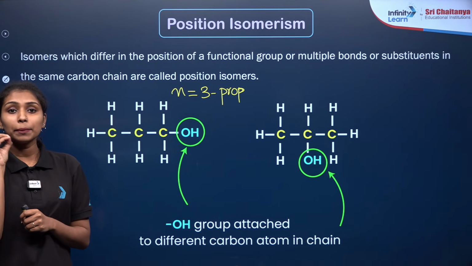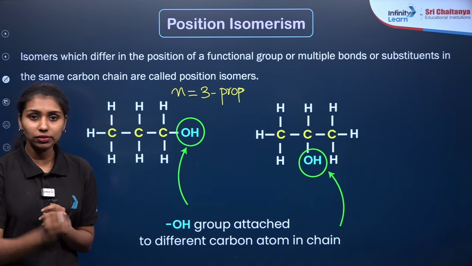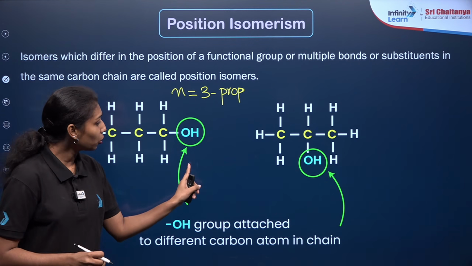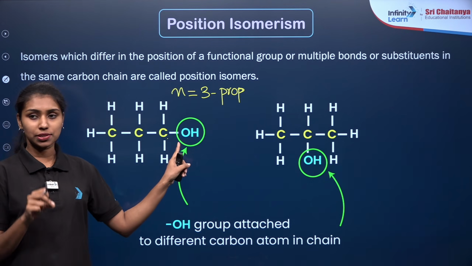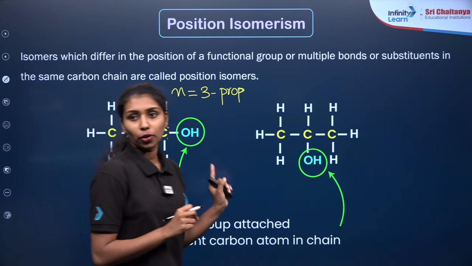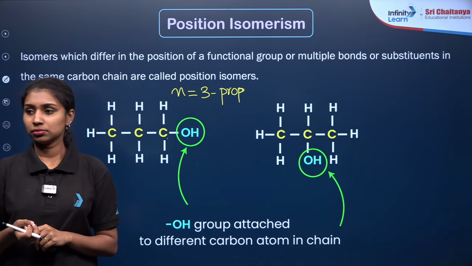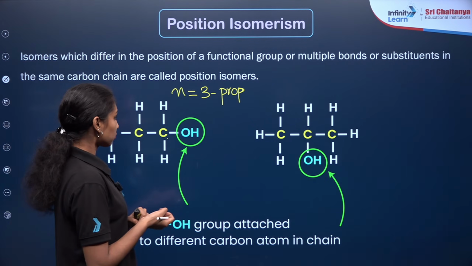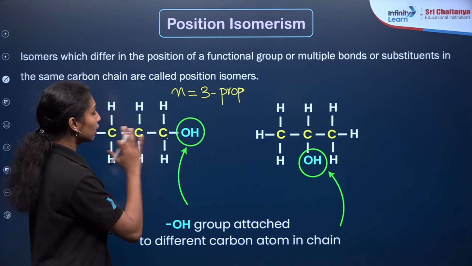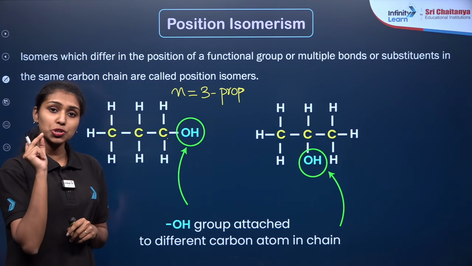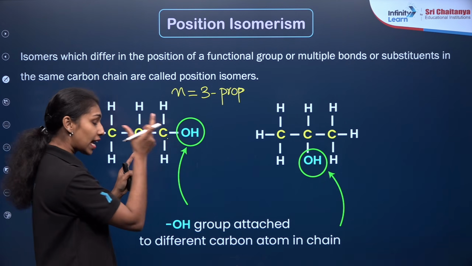Then we need to start the numbering of the carbons. According to our priority order, if a compound contains an alcohol group, we need to give the least number to the carbon atom attached to the OH group. This is our alcoholic group or hydroxy group.